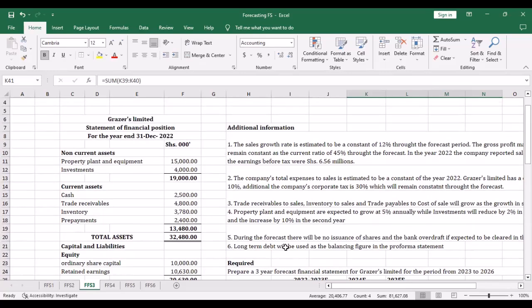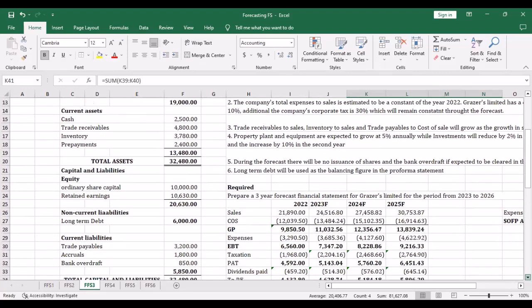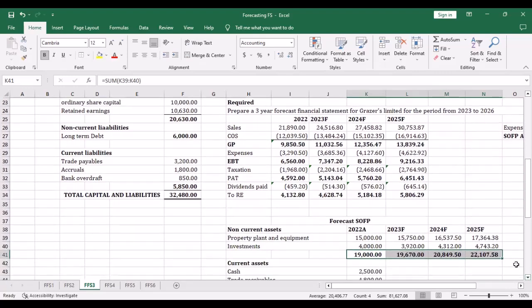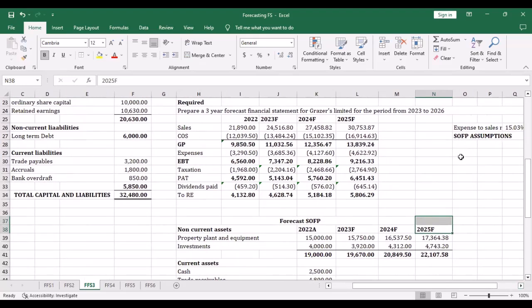Then another thing we talked about was the trade receivables to sales, inventory to sales, and trade payables to cost of sales.